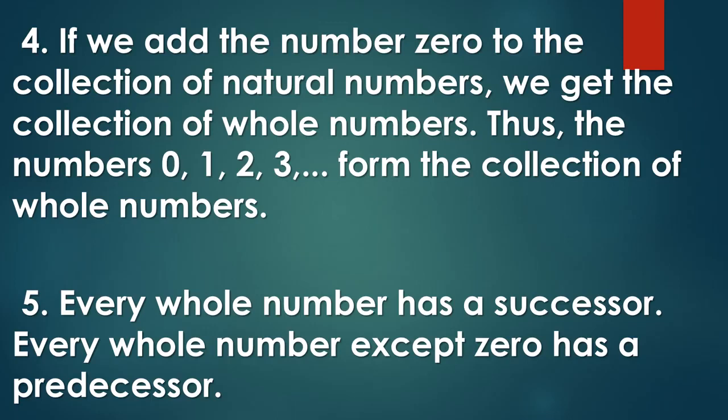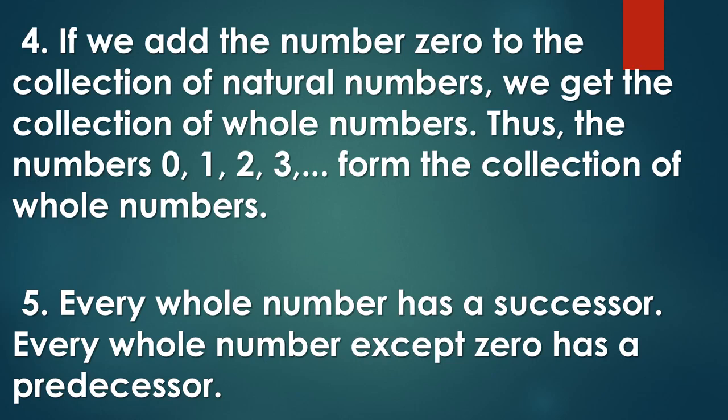And again there is no largest whole number. Fifth point is, every whole number has a successor. As every natural number has its successor, every whole number also has its successor. Every whole number except 0 has a predecessor. 0 does not have any predecessor.